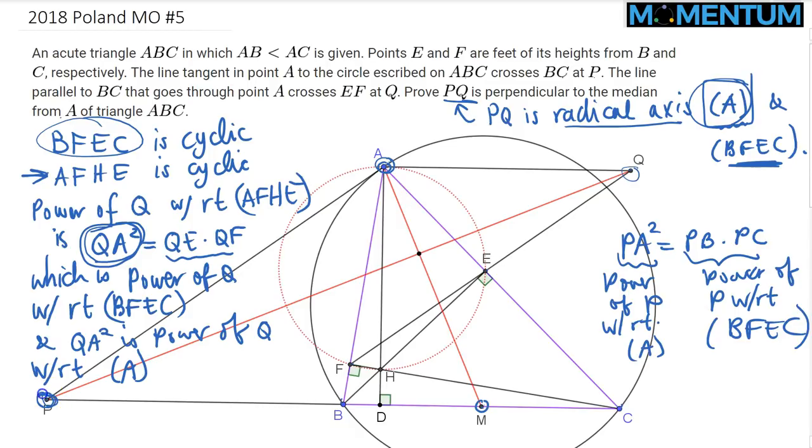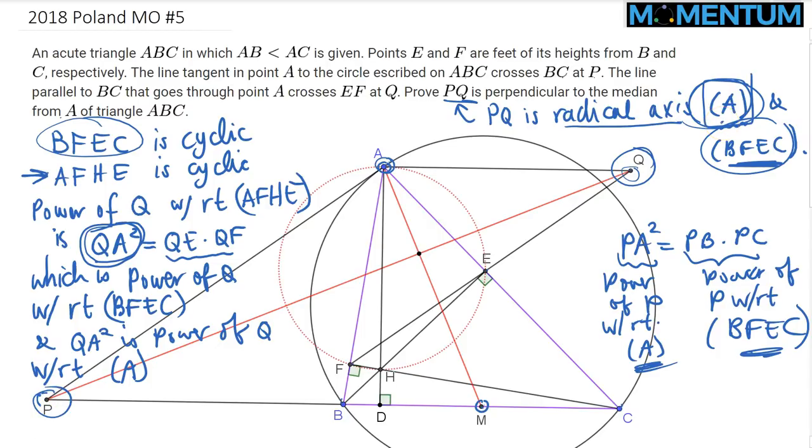So because P has equal powers with respect to these two circles, it must lie on the radical axis of these two circles. Now, Q is on the radical axis of those two circles, A and BFEC. P is also on the radical axis of those two circles, A and BFEC.